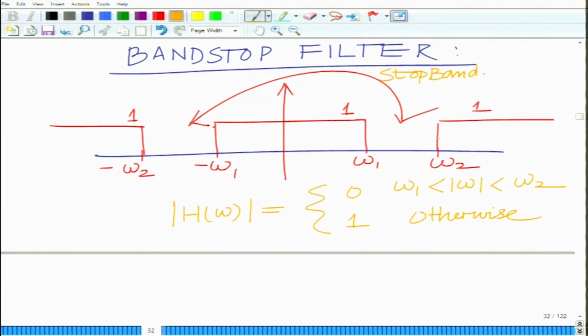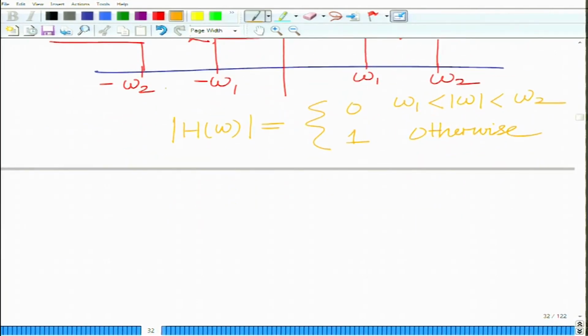So, this basically blocks all frequencies that belong to the band omega 1 to omega 2 or minus omega 2 to minus omega 1.